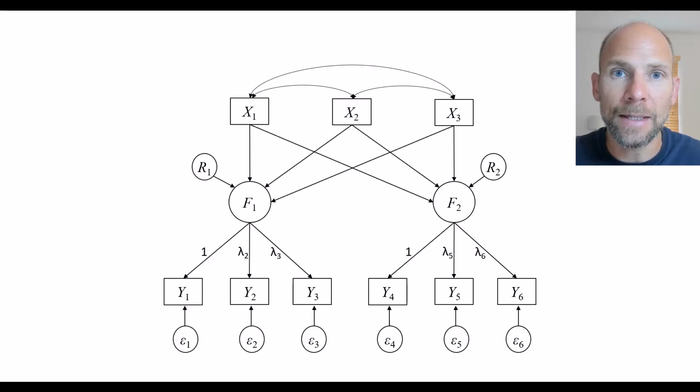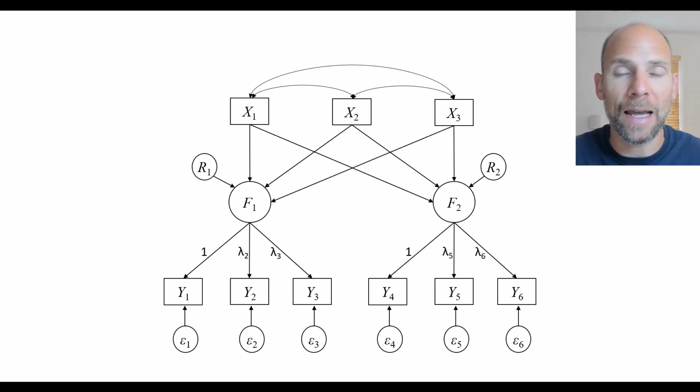So in this case I have three x variables, three covariates or predictors, on which my two factors f1 and f2 are regressed. So it's basically a structural equation model where the predictor variables are observed variables and the endogenous or dependent variables are latent variables.